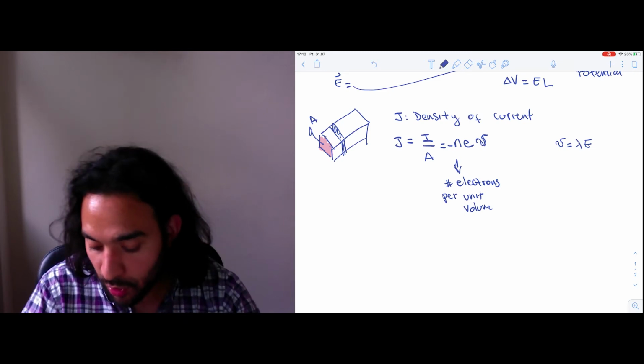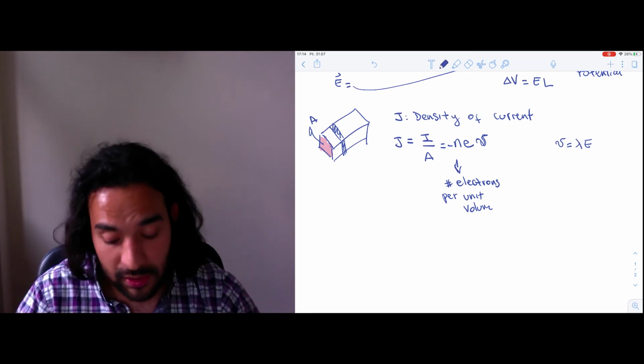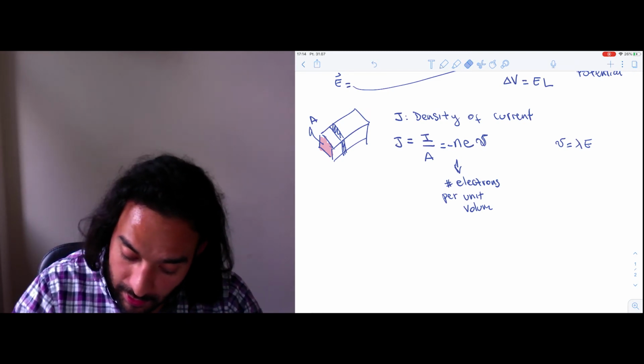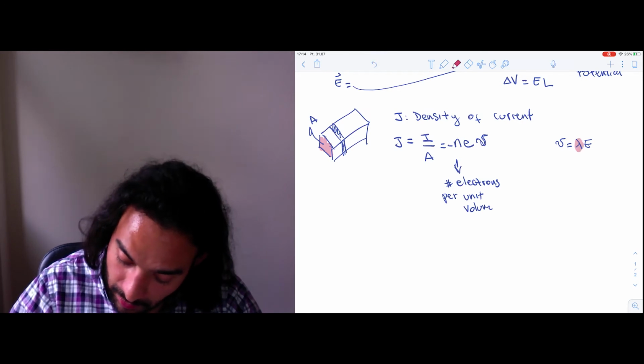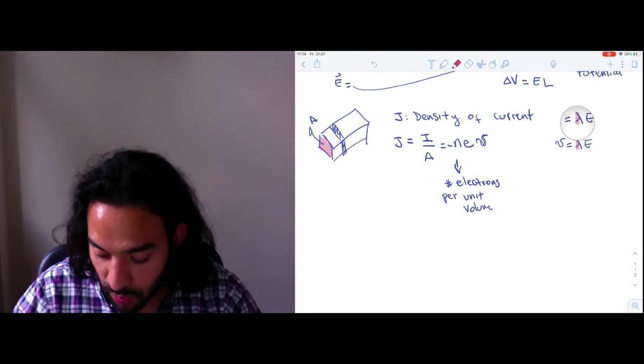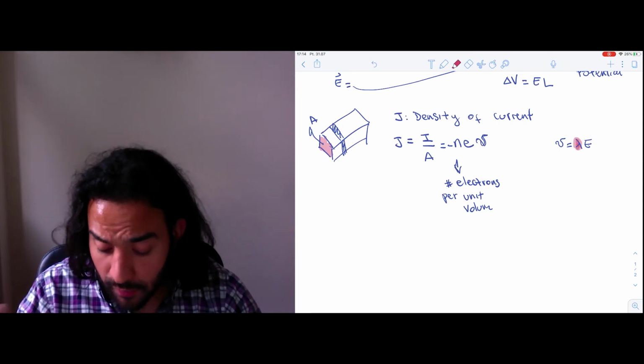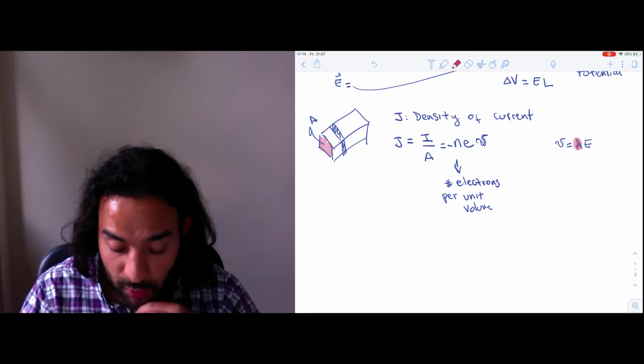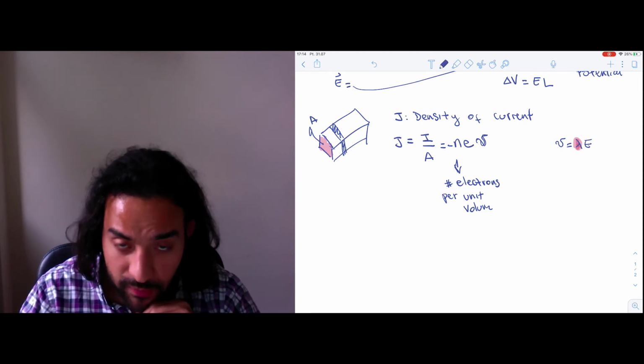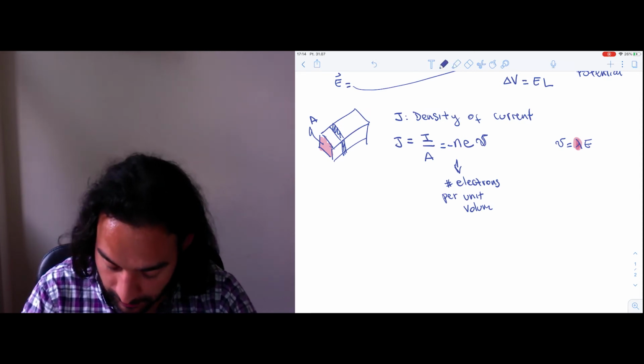So there is a constant of proportionality that we call lambda here, that is making the relation between the magnitude of the electric field and the velocity with which the electrons are moving from one place to the other, right?